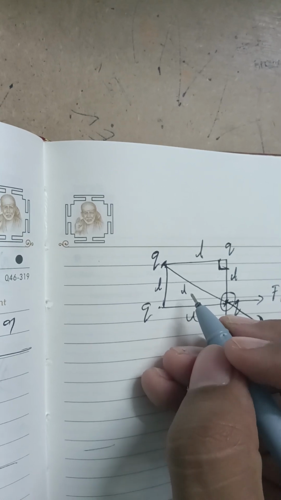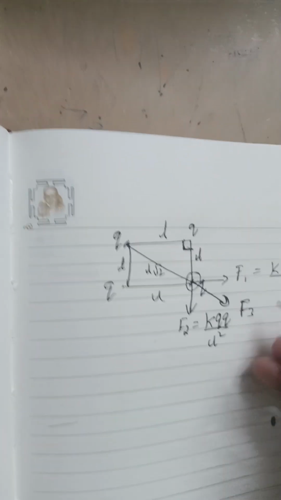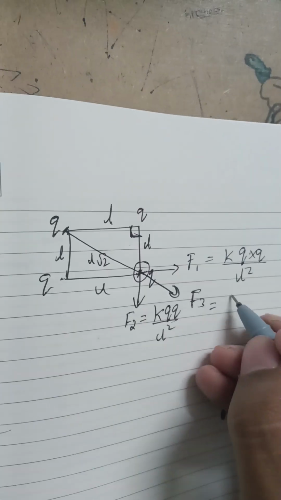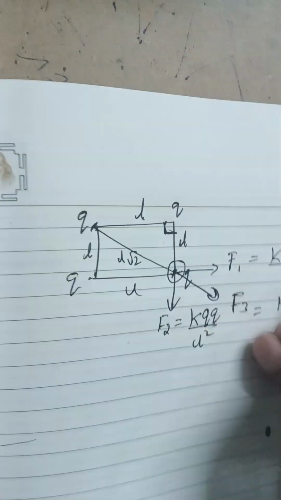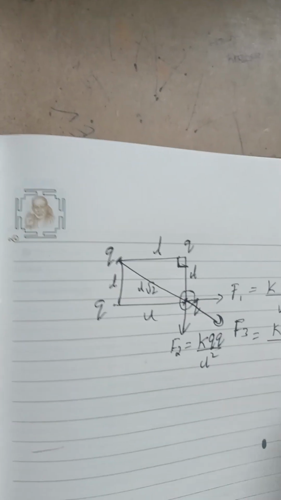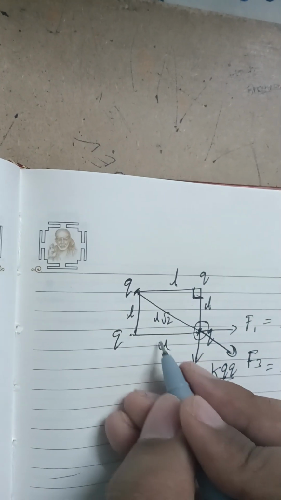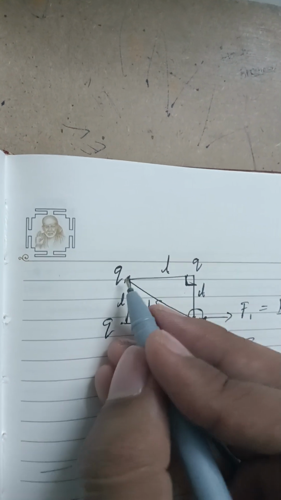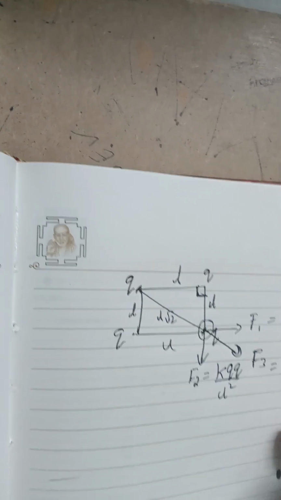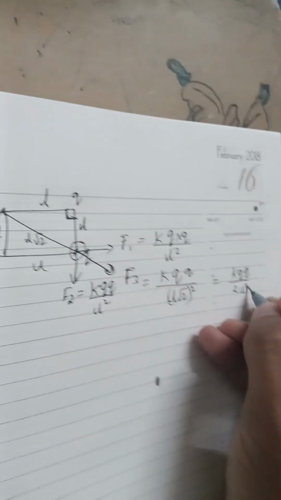Now for L root 2, what do we have to do? k Q Q by, now what do we have to write here? Here we wrote L square because this distance was L. But here we have to write the distance between this charge and this charge, so it would be L root 2 whole square. That is k Q Q by 2L square.